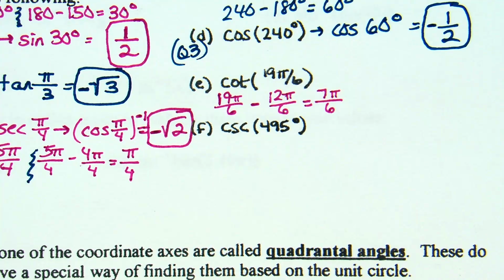Now, can you visualize, without looking at your unit circle, where 7 pi over 6 is? Some of you have already looked at the unit circle, I know.